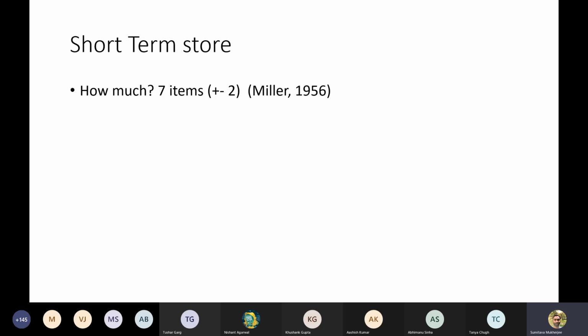Now you can ask, what are items? So Miller said 7 items plus minus 2. So Miller is saying, well, between 5 to 9 items, 7 is more of an approximation. Now items, initially Miller used the word items in the same way as number of letters or number of digits. But eventually people figured out that it's not just alphabets or digits.